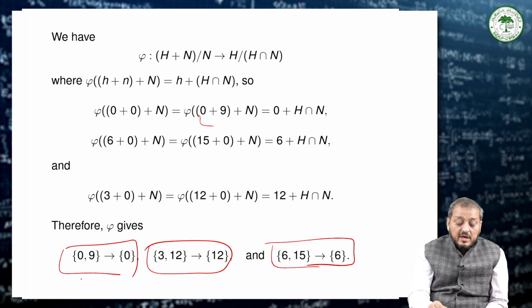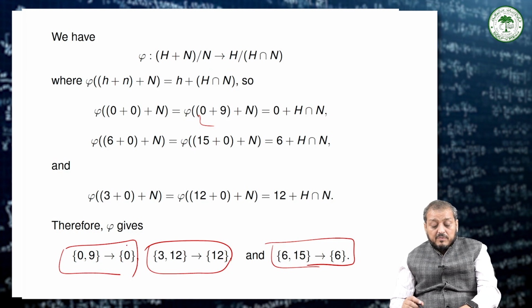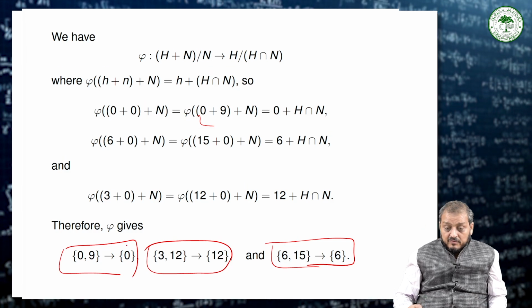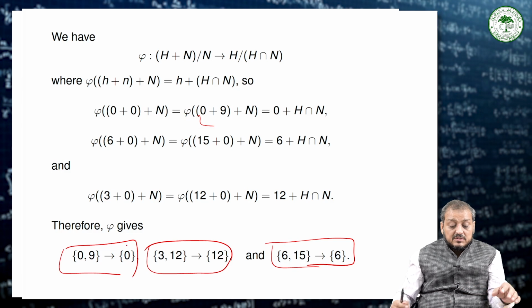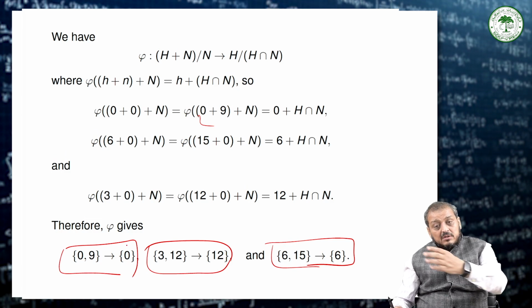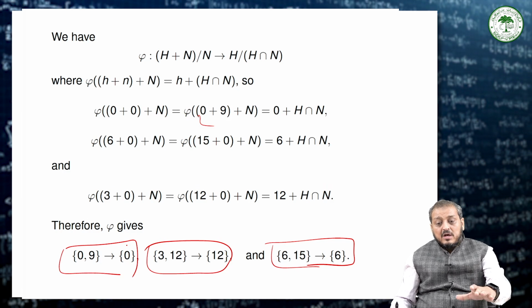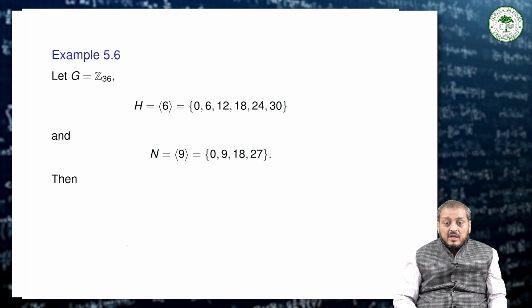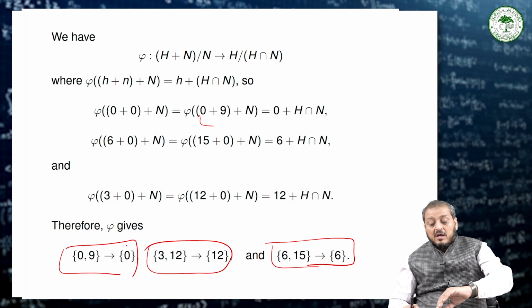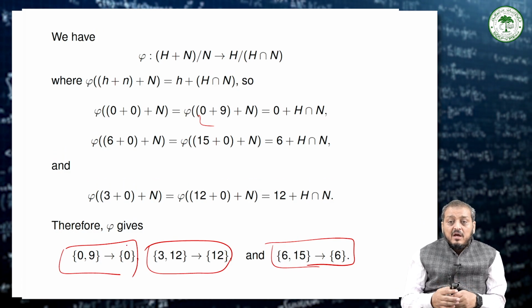This way we can define a bijective map, and this completes the explanation of the second isomorphism theorem. I think you have a clear understanding of this result.